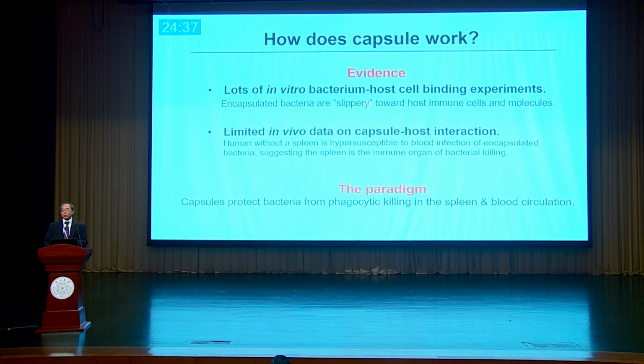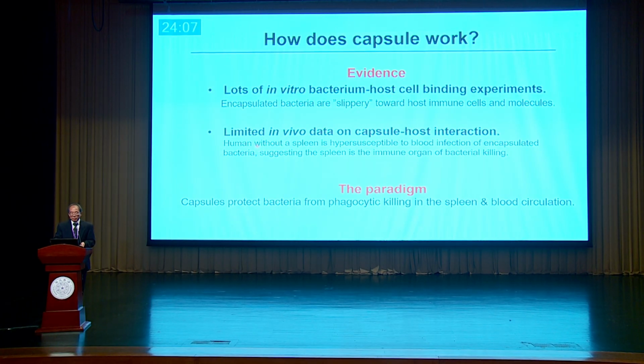Okay, so how does the capsule work? With the knowledge of the capsule over so many years, there is some evidence of how it works. However, most of the data have been generated in in vitro experiments. Lots of in vitro experiments show that bacteria with a capsule are slippery and do not bind to cells or any molecule very well, because the capsule is negatively charged, and our cells are mostly negatively charged.